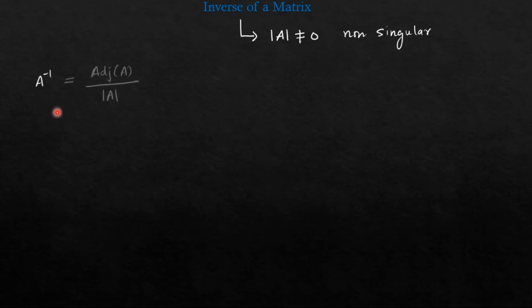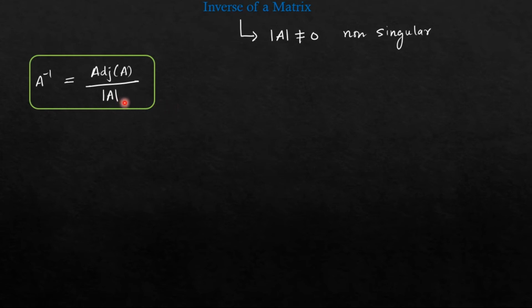Now we come to inverse of a matrix. First of all, here I know that mod A is not equal to 0. That is, the matrix A is not singular. Once I know this, then I will calculate A inverse, which is equal to adjoint of A upon mod A. Here in the denominator we have mod A. That is why we need to ensure that mod A should not be 0.